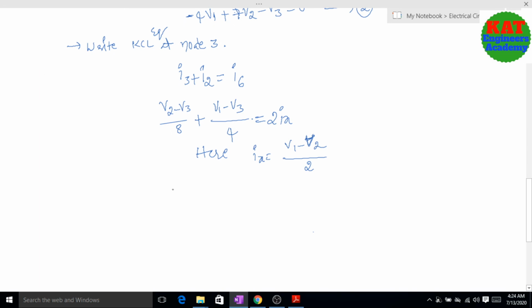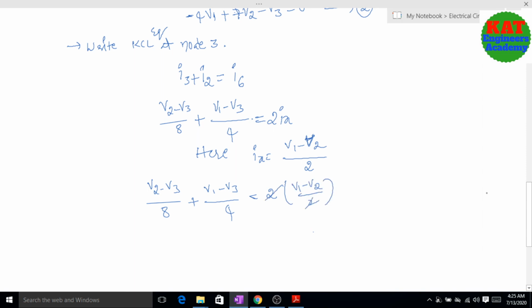Substitute Ix, and finally we get V2 minus V3 by 8 plus V1 minus V3 by 4 equal to 2 into V1 minus V2 by 2.